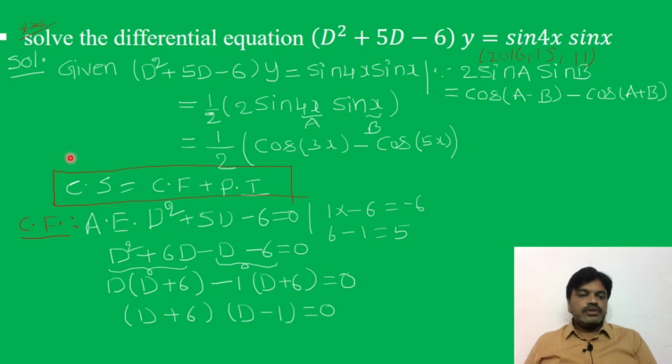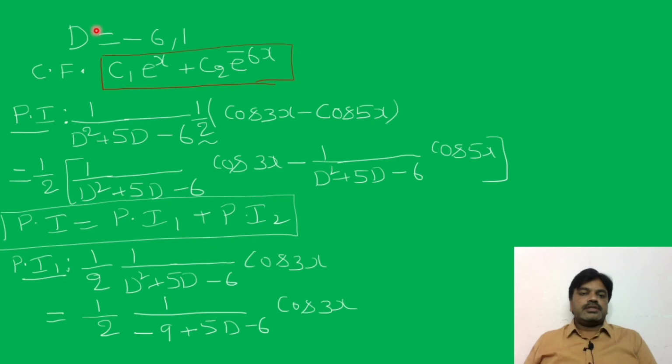So the complete solution is equal to complementary function plus particular integral. First you find the complementary function. We get the roots minus 6, 1, so we get the complementary function. And then particular integral: we have two terms here, so you write particular integral 1 plus particular integral 2.